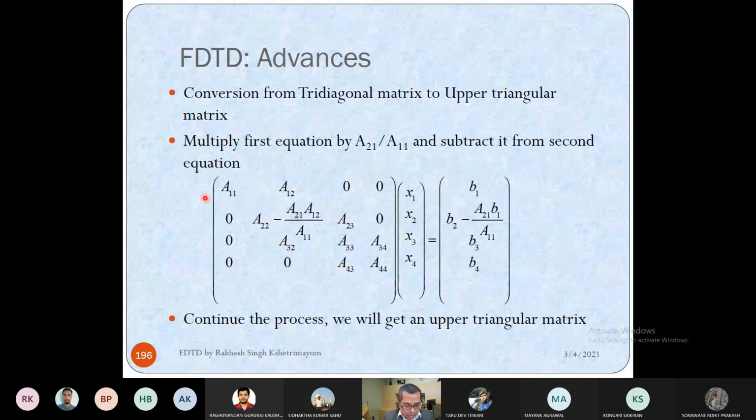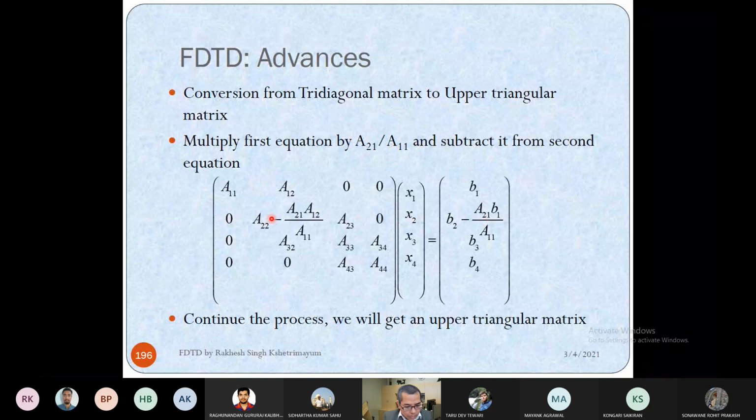So with the simple matrix technique, you want to make this tridiagonal matrix upper triangular. What do you do? You multiply A21 by A11 with the first row and subtract it from the second row. Then this first term will become 0, the second term will become like this, the third term remains the same, and so on. So we have already made this term 0.